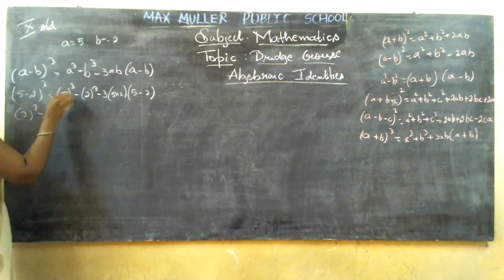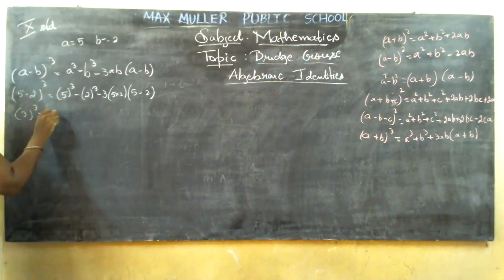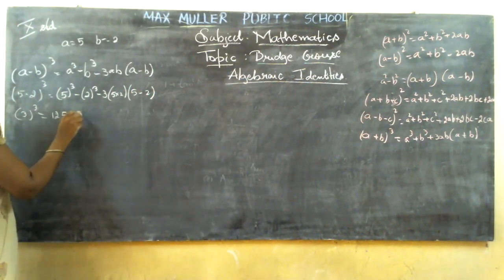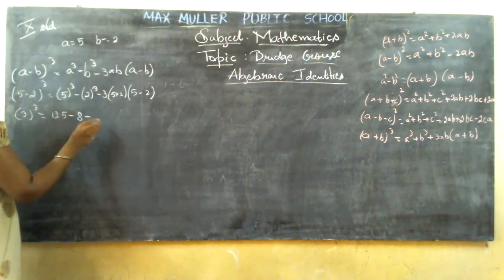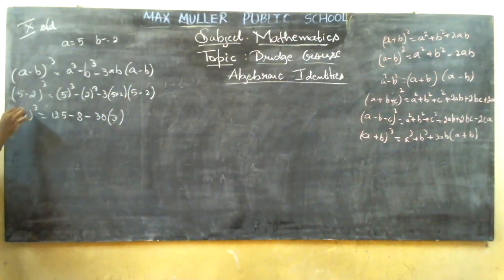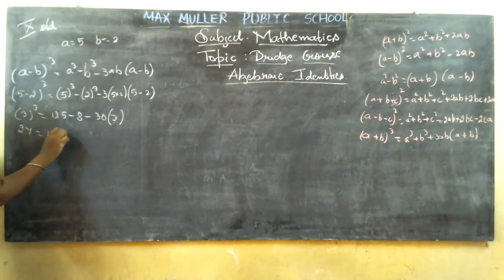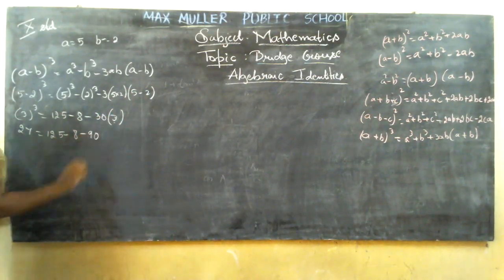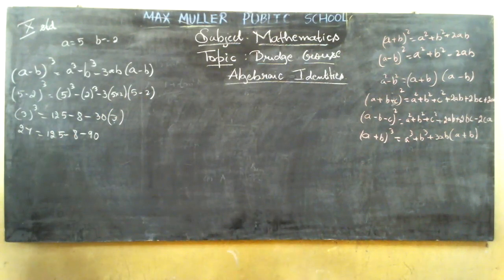Is equal to 5 cube is 125, minus 2 cube is 8, minus 3 into 5 into 2 is 30, into 3, which is 90. 3 cubed is 27, equal to 125 minus 8 minus 90.